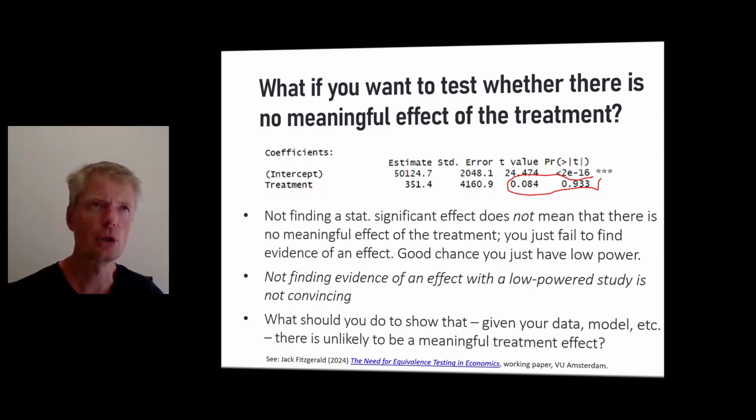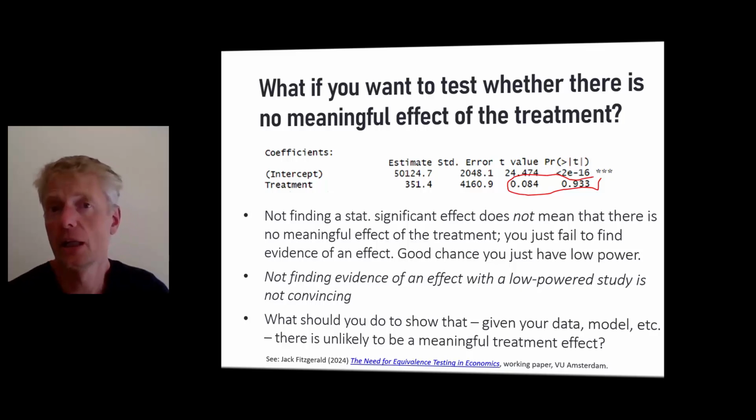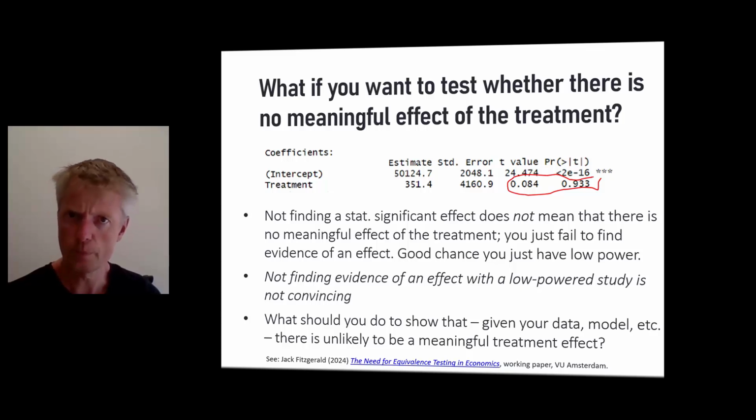So if you just have a low power test, then it's very likely that your p-value is huge. So how are you then going to show that, no, it's not that I have low power, I have a huge sample, I measure my outcome very precisely, etc. What this study tells us is that the effect of this treatment is likely to be negligible.